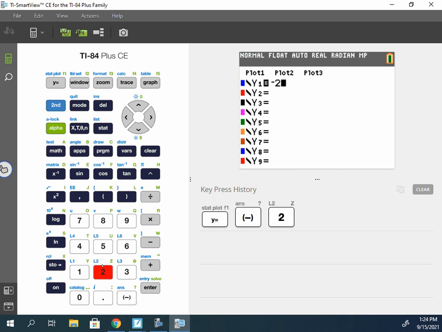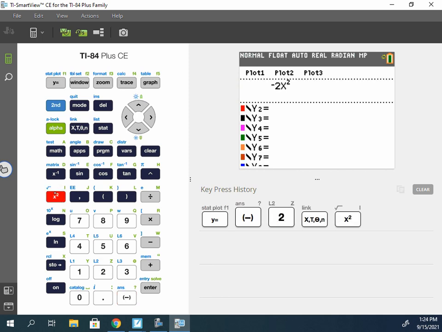So negative 2x squared minus 8x. This button here, the x, t, theta, n, will do x for us. And then I think it is, was it plus 2 at the end? Plus 1.